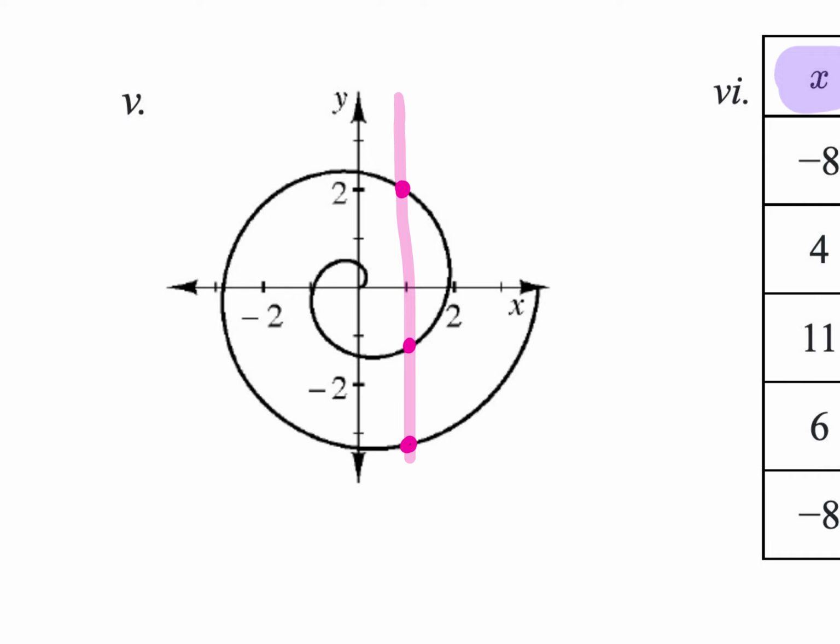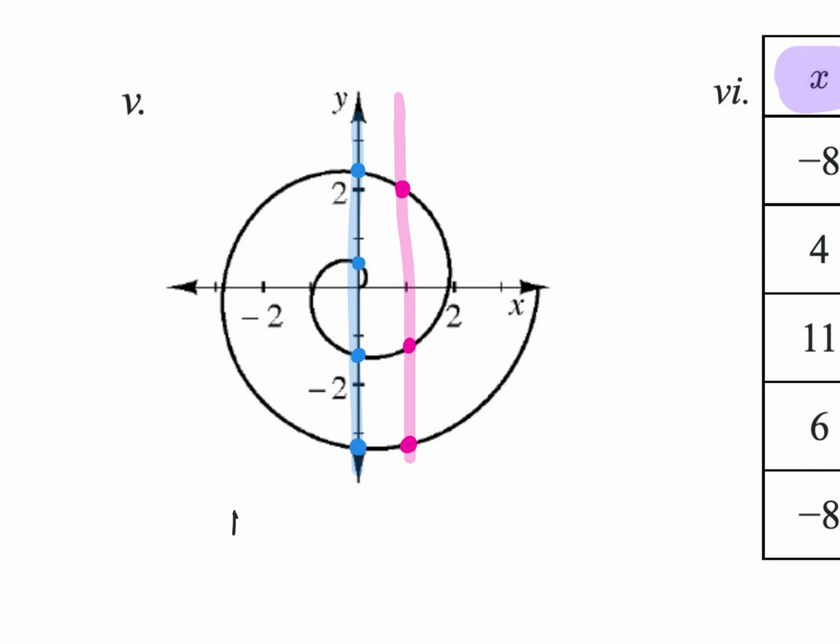And let's try another one here. So if I were to pick another input, let's say x equals 0. Let's look at all the different outputs we get when x equals 0. Here's a place on the graph when x equals 0. Here's a place. Here's a place. Here's a place. We have 4 different outputs for that one input. So because it's not behaving consistently, we can't easily predict.